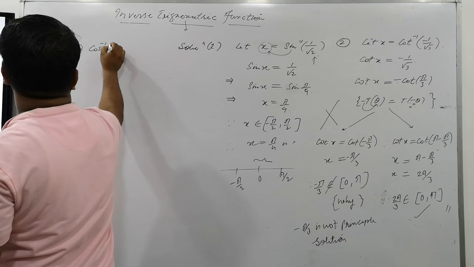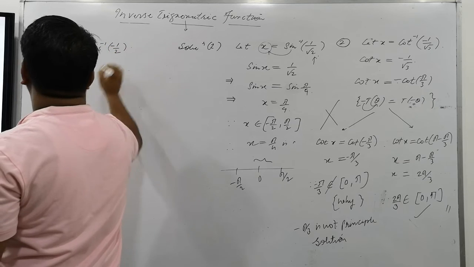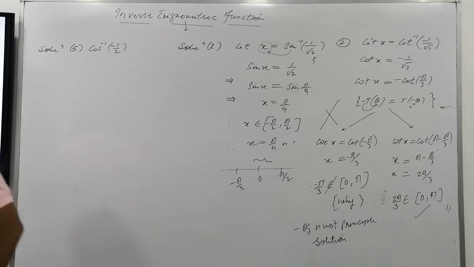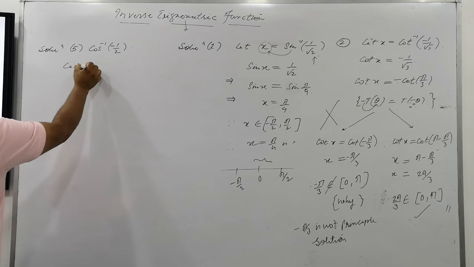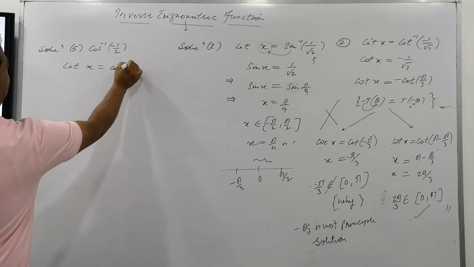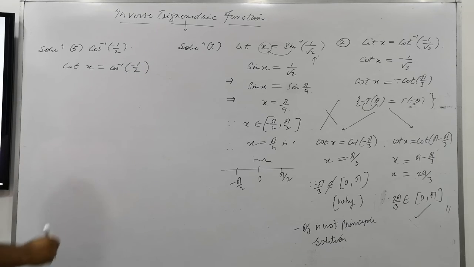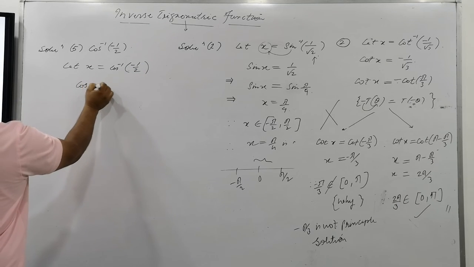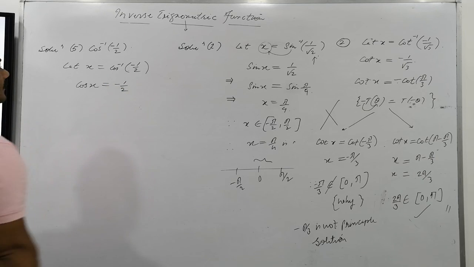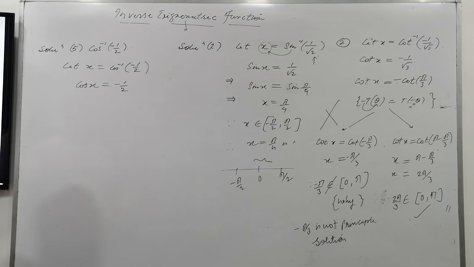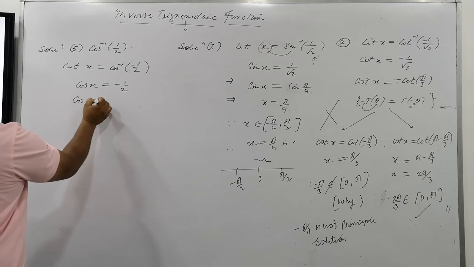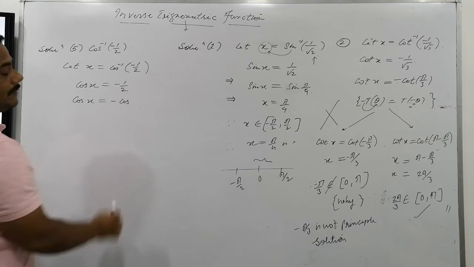Cos inverse of minus 1 by 2, the principal solution is to be found. Let x is equal to cos inverse of minus 1 by 2. Is that clear now? Can we solve this further? So cos of x is equal to minus 1 by 2.